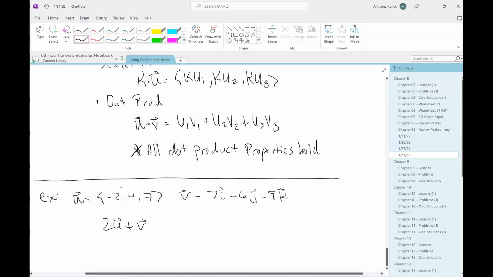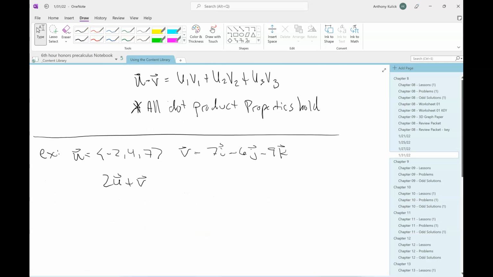So let's say I have vector u is the component form vector -2, 4, 7. Vector v is the linear combination form vector 7i minus 6j minus 9k. And I want to do 2u plus v.